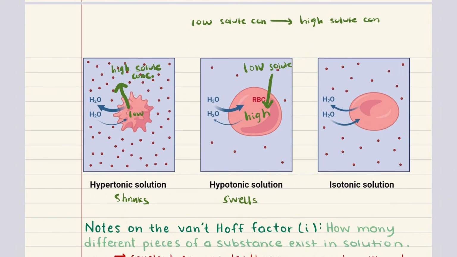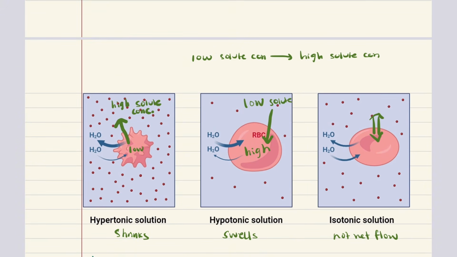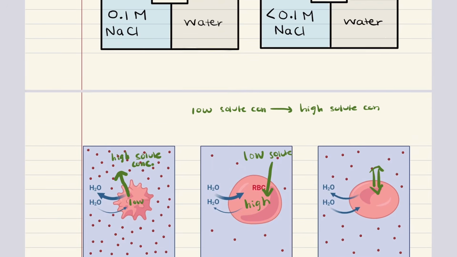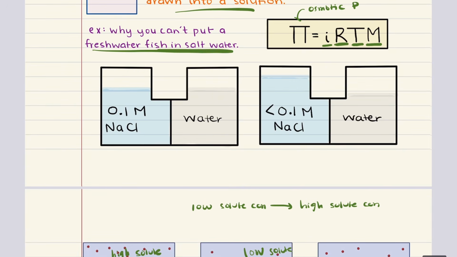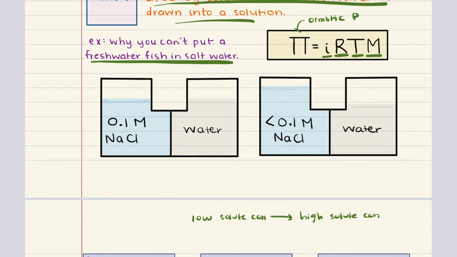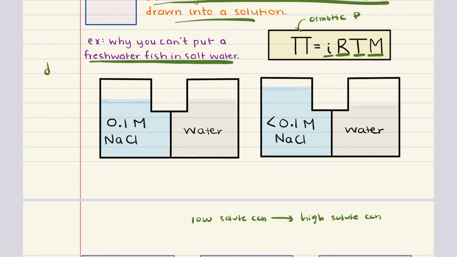In an isotonic solution, the concentrations are equal and there is no net flow. Now, osmotic pressure explains why a freshwater fish cannot survive in seawater.